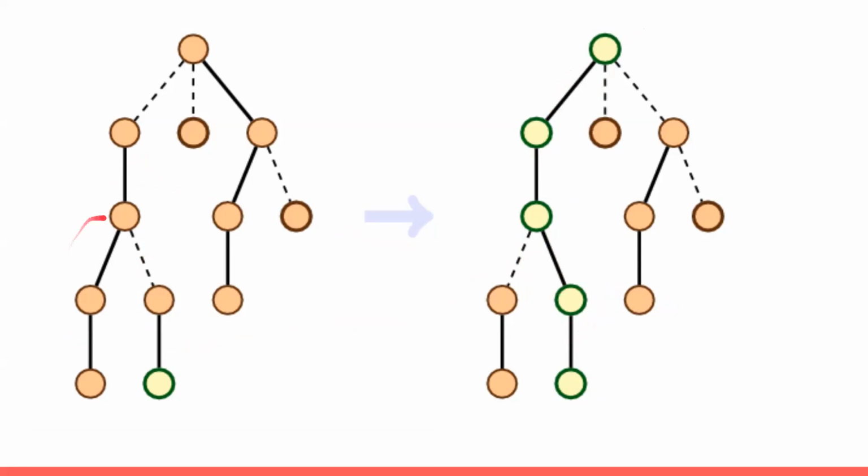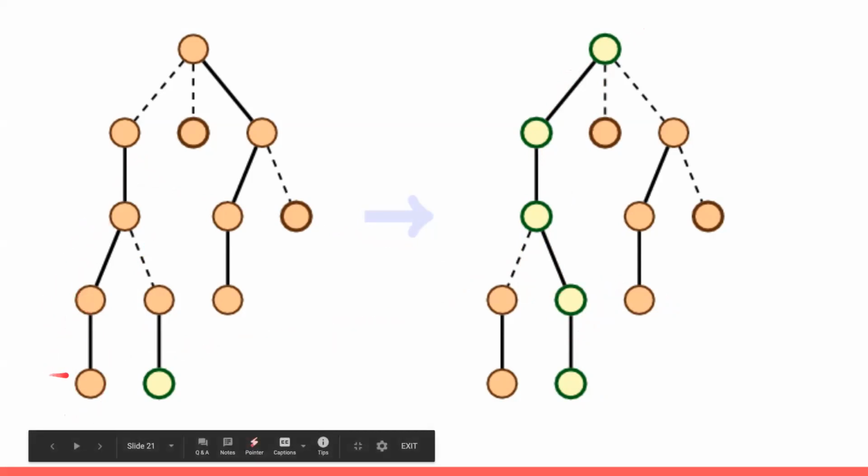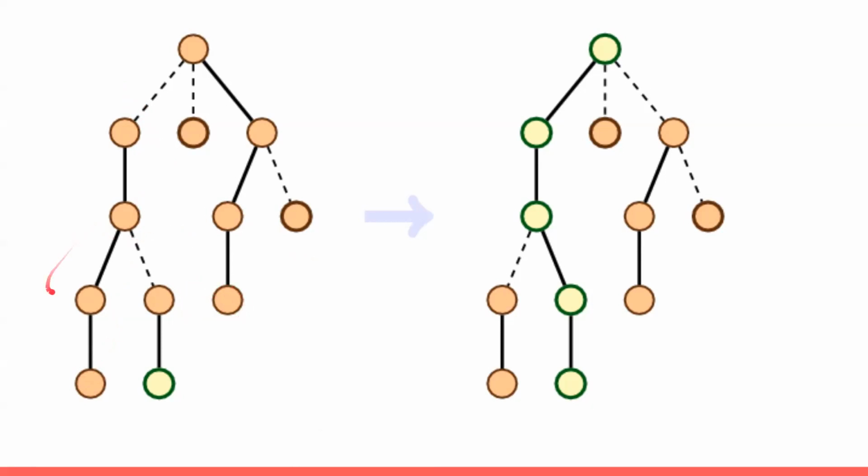For example, in some previous queries we could have had this vertex and then this vertex, so we made this edge heavy, and it stays heavy.